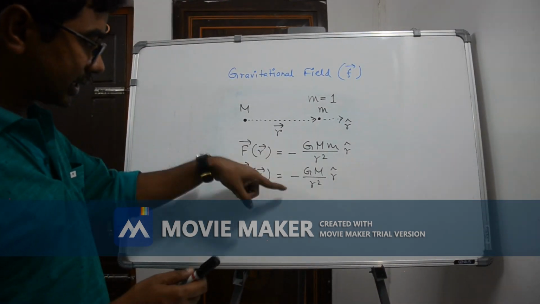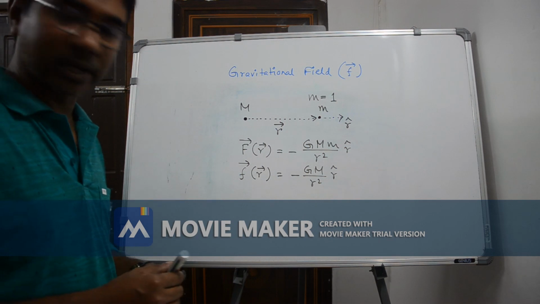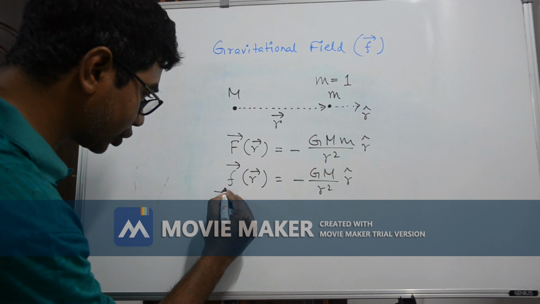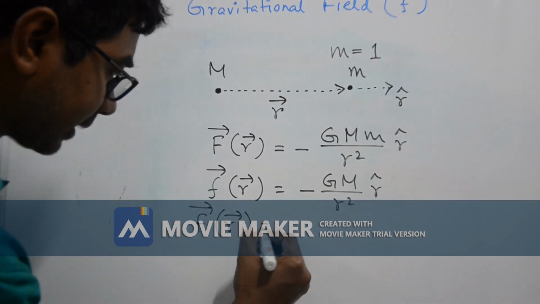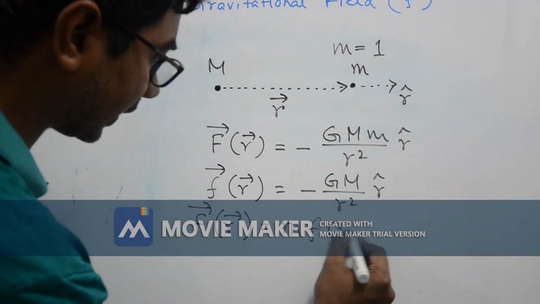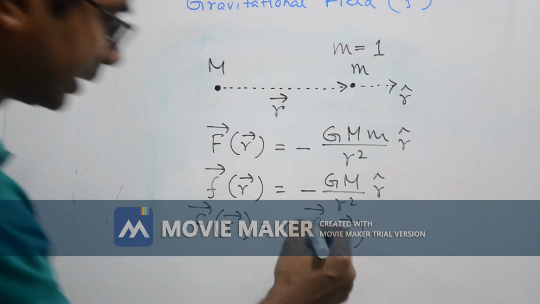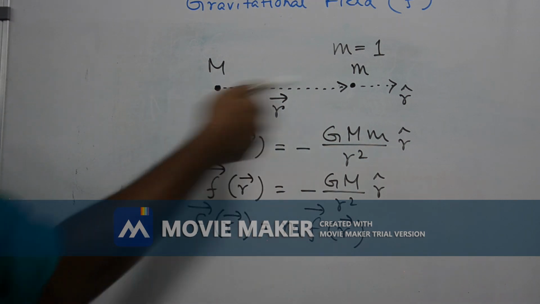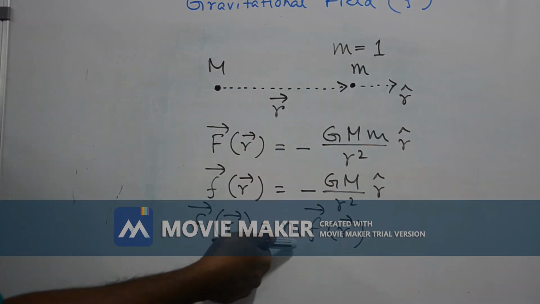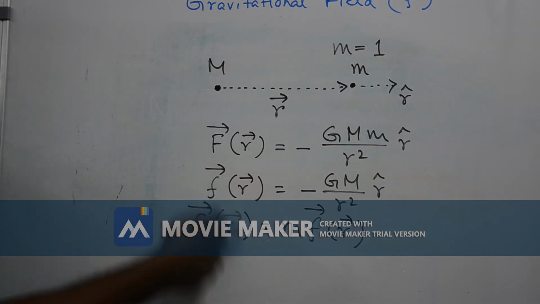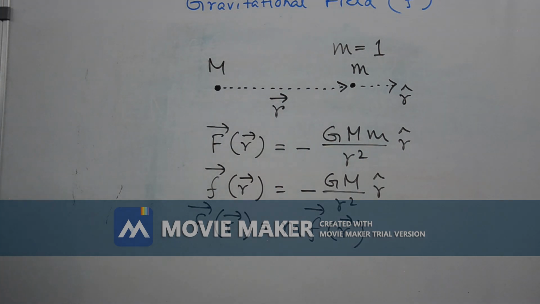If you compare these two equations, you will see that at a specific point the gravitational force is the product of the test mass and the gravitational field there. The test mass is in your hand. So if you calculate the gravitational field due to the source mass at some point, all you need to do is multiply that field by the test mass, and you will get the force experienced by the test mass.